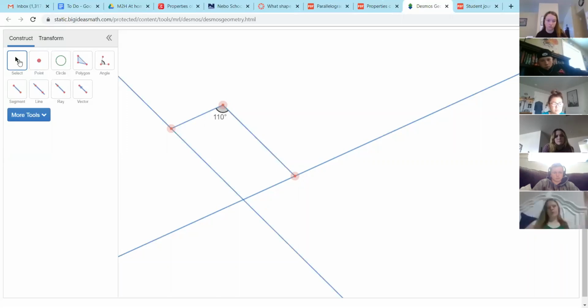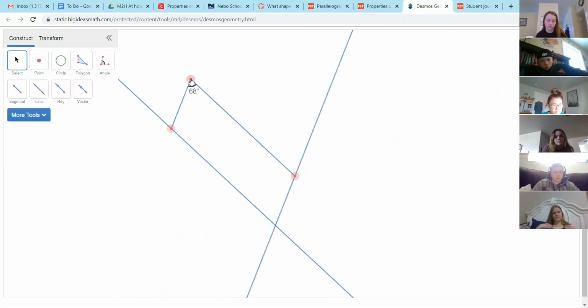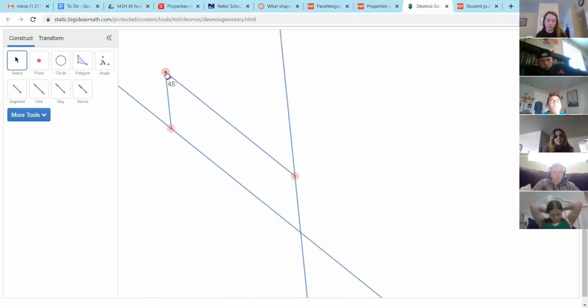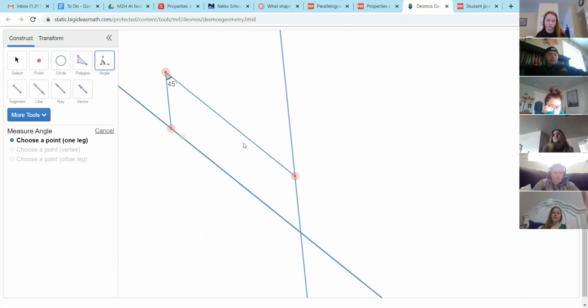Okay, but then if I want to, I can just start moving things. It's not going to stay 110 degrees because I changed it. But if I now measure this angle, I don't think I have a dot there. Oh, I can. Dot, dot, dot.